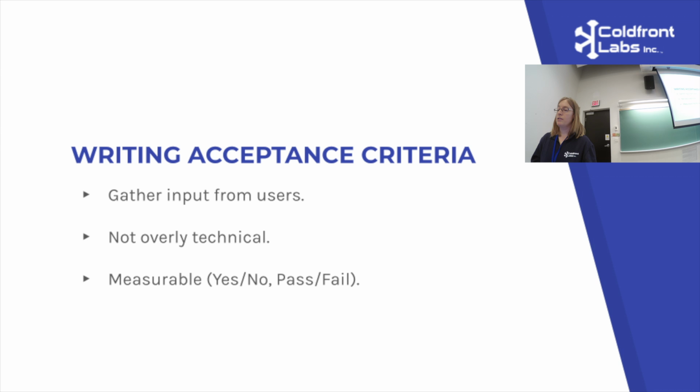To write good acceptance criteria, the most important thing is to make sure that the criteria accurately represent what needs to be built. This seems very obvious, but often there's a disconnect between the customer or the client who's looking for the software system to be built and the team who actually writes the requirements down.